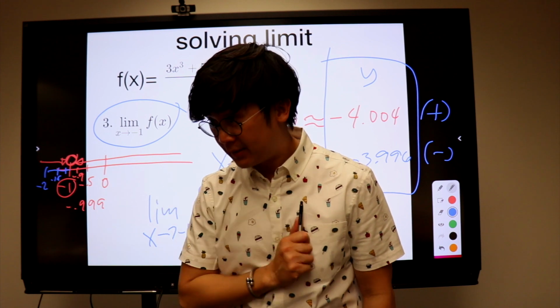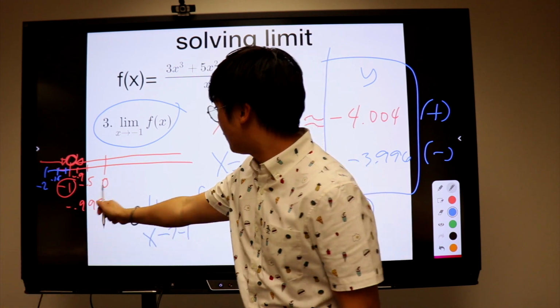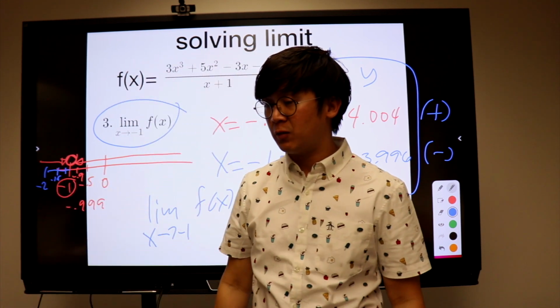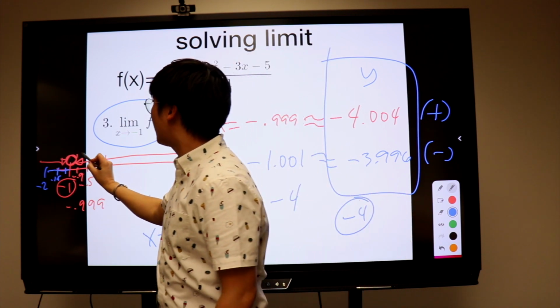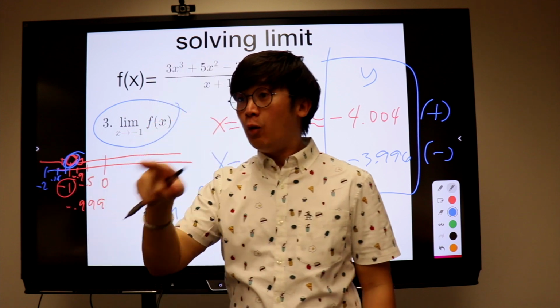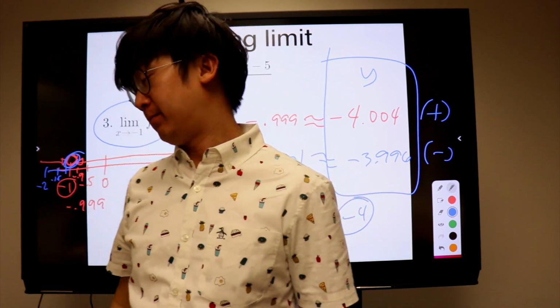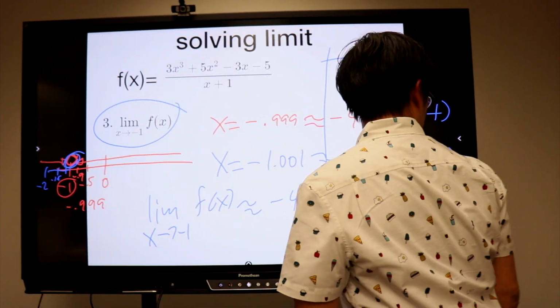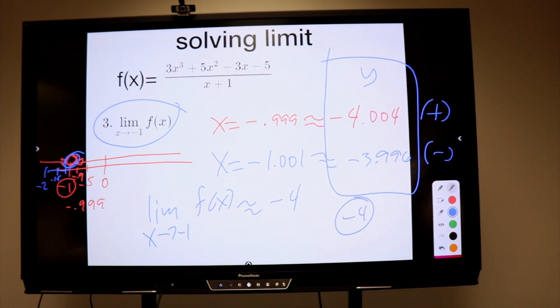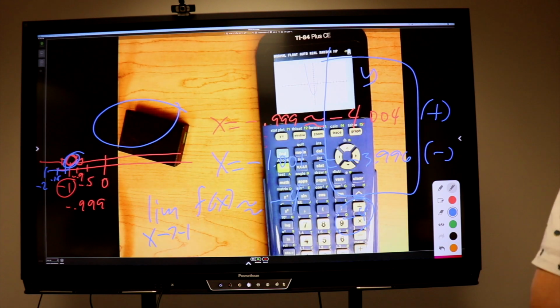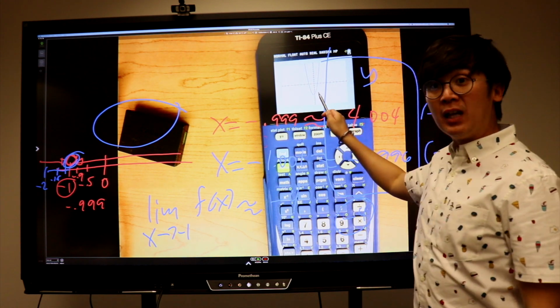And it exists. But when you hit negative 1, what does it give you? Error, because it's actually a hole. And your calculator, when you graph it, can you please push graph? What does the graph look like at x equal to negative 1? A parabola, like this?